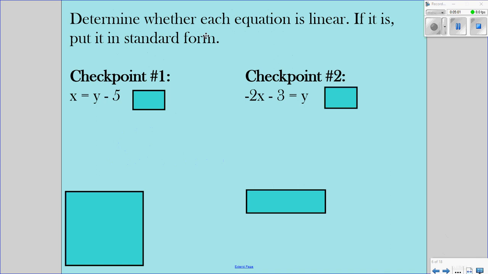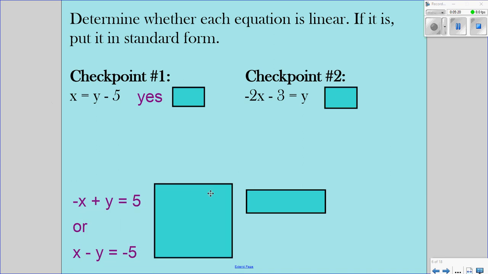Alright, next one. Determine whether each equation is linear. If it is, put it in standard form. So we look at this. Yes, it is a linear equation. Now we need to write it in its standard form. We need to get the x and the y together on one side and the 5 by itself. So again, the a has to be positive.